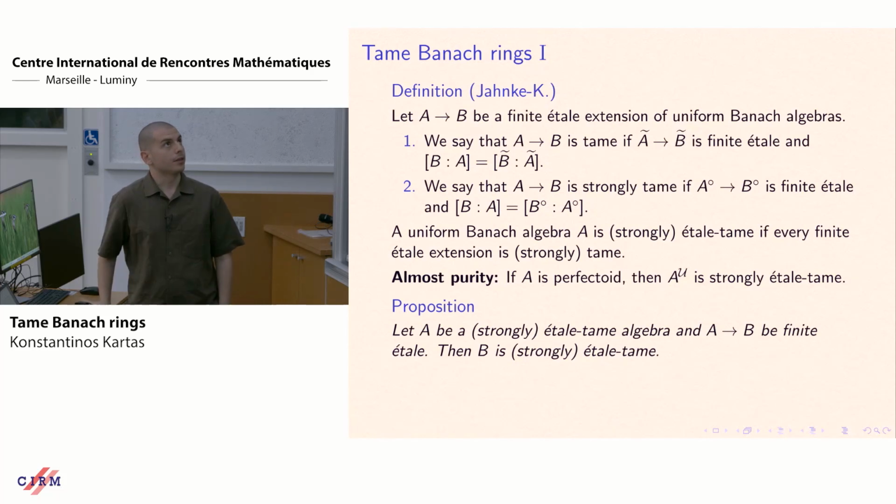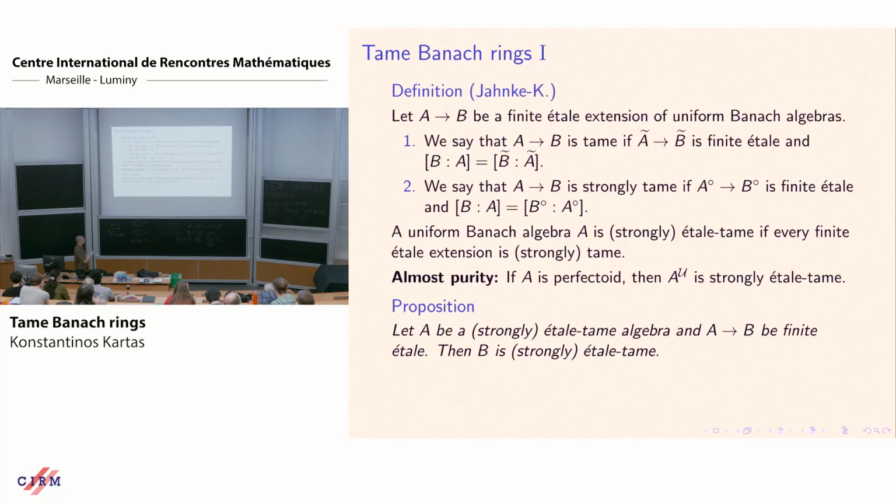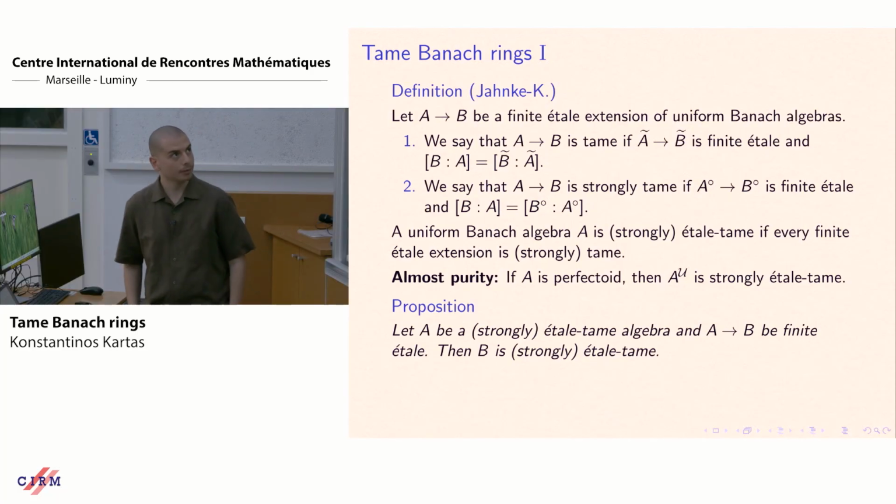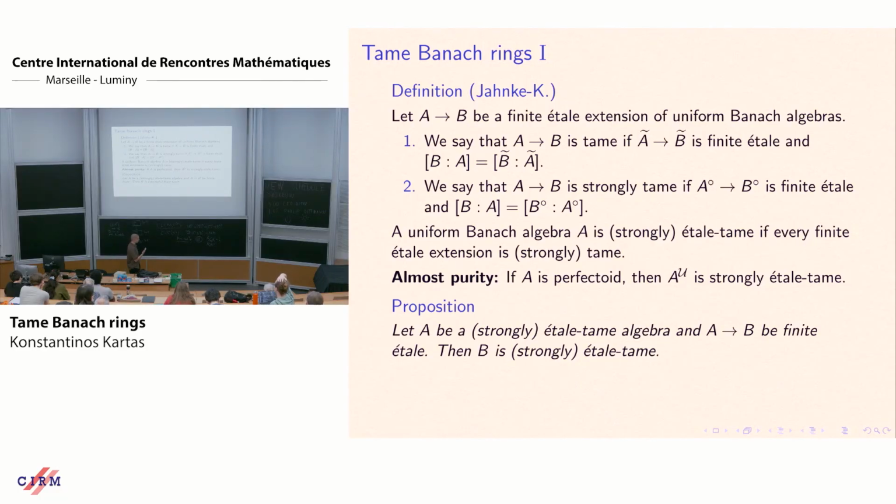You can immediately verify some properties about this class of etale tame algebras, which are analogous to what you prove for tame fields. For instance, if you have an etale tame algebra and you take a finite etale extension, then this finite etale extension is also etale tame. So this class is closed under finite etale extensions.